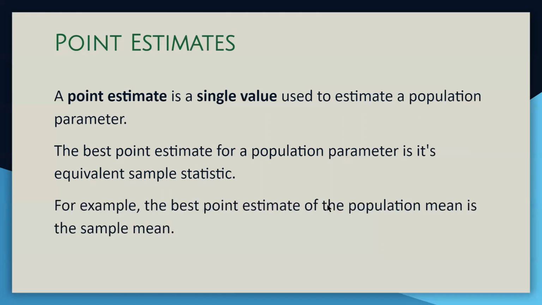For example, if we're trying to estimate a population mean, the best point estimate for that population mean would be the corresponding sample mean of a sample drawn from that population. We're also going to be using point estimates to estimate population standard deviations by using sample standard deviations.